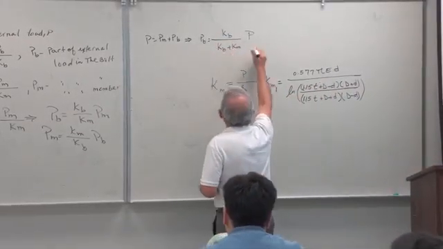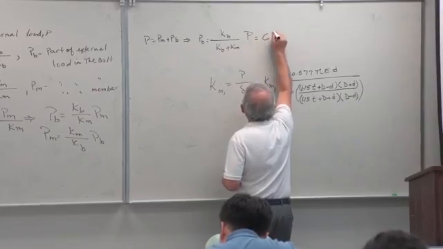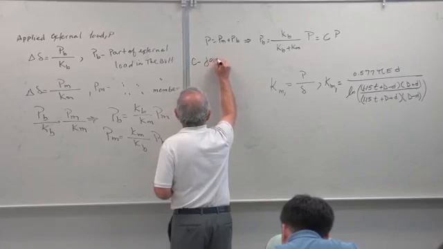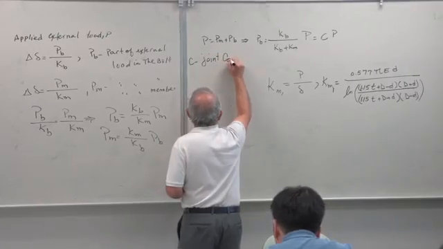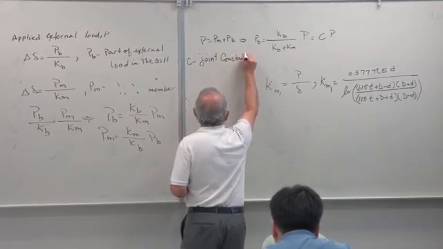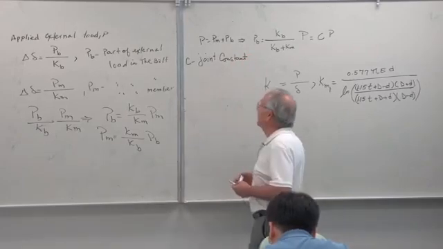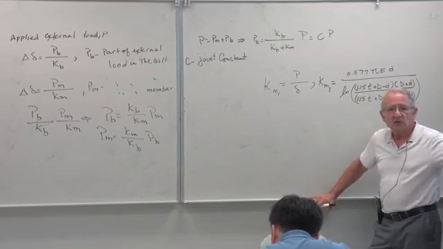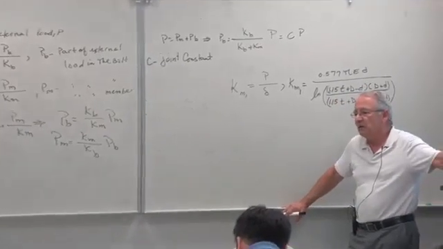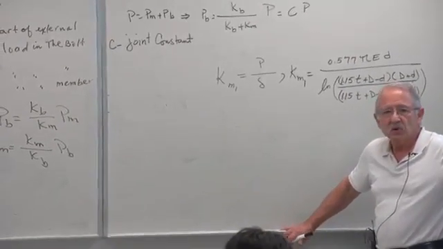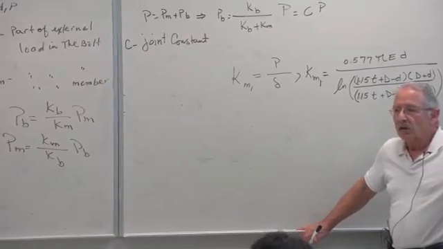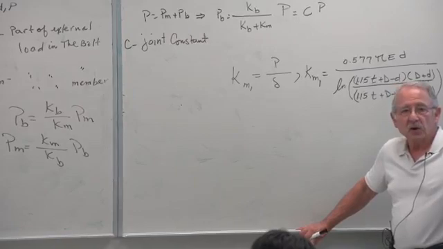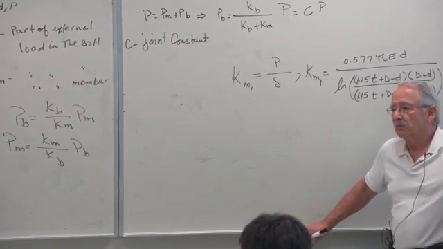This ratio is called C, the joint constant. And like I said, it varies somewhere between 15%, 0.15, to about 30% or so, 0.30. The smaller this value, the less of the externally applied load the bolt will take.